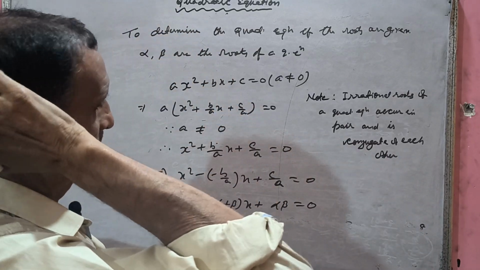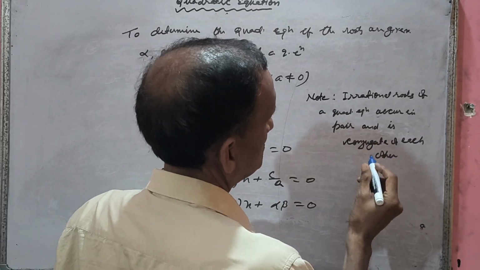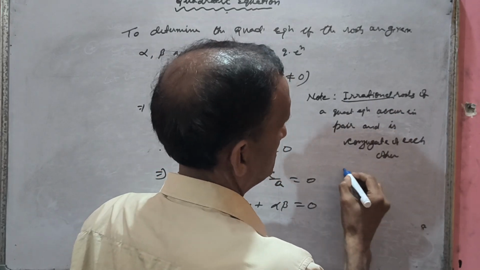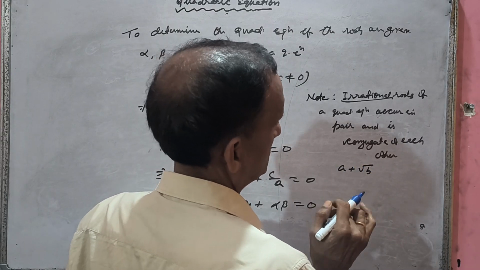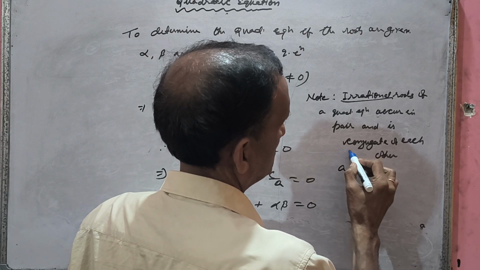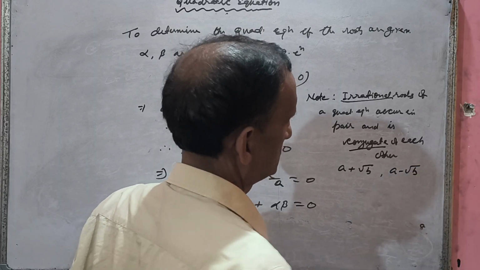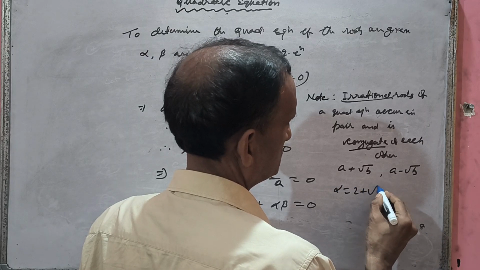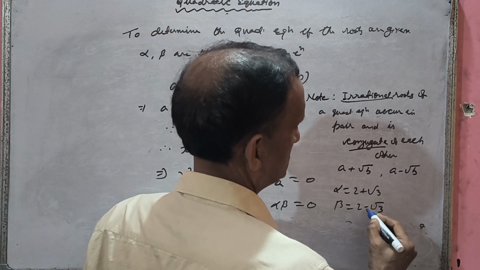The proof is not included in the syllabus, so just remember it. Irrational means in the form of a plus root b. Now here, if a plus root b is one root, then conjugate means the other root must be a minus root b. Okay. If alpha is 2 plus root 3, beta will be 2 minus root 3.